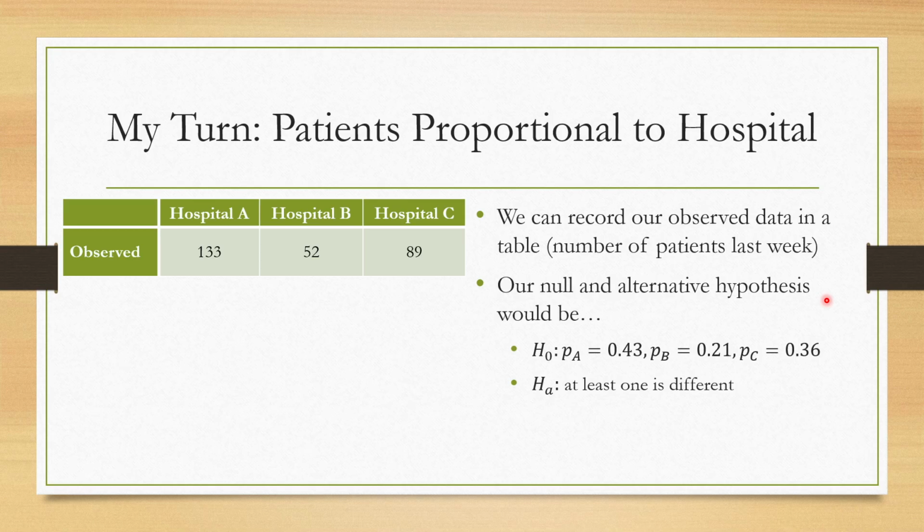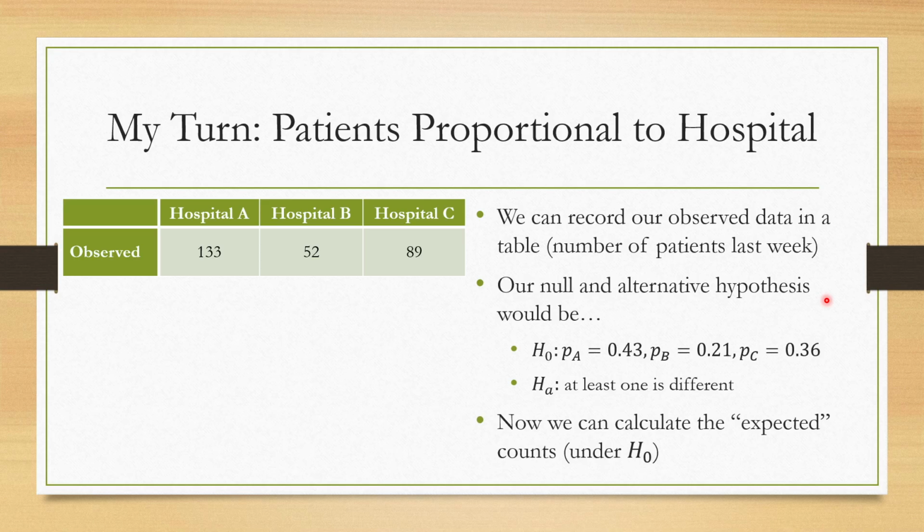But really what we're saying is that at least one of them is different. At least one of these values is different than their pre-specified value. And so here, instead of trying to write that out in equation form, I'm just going to write at least one of these is different.